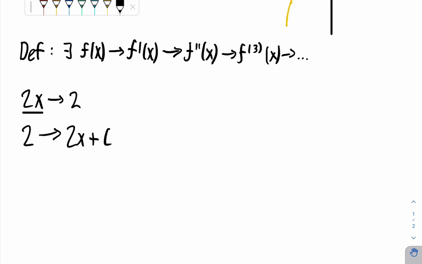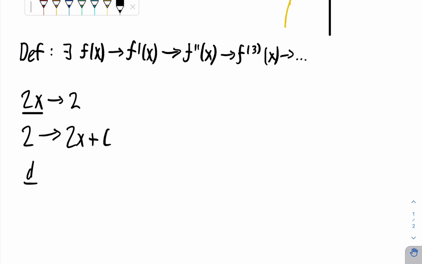Okay, so we call this process of reverse differentiating the process of indefinite integration. So we have the process d by dx of f of x equals f prime of x.